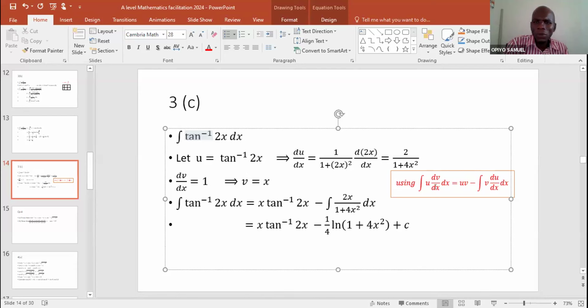Then when we substitute in this integration by parts equation, we get the integral of tan inverse of 2x dx equals, remember our v is now x, and u is tan inverse of 2x, minus.